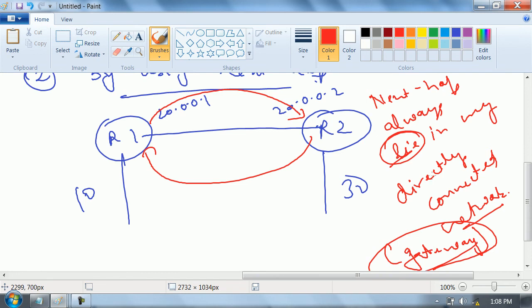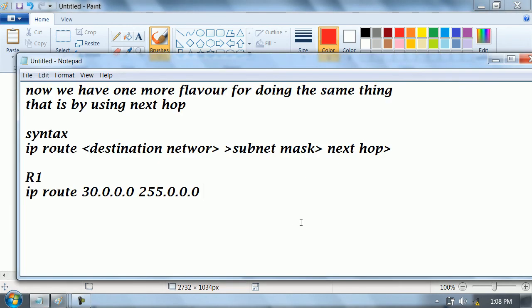So for R1 next hop will be 20.0.0.2, for R2 next hop will be 20.0.0.1.